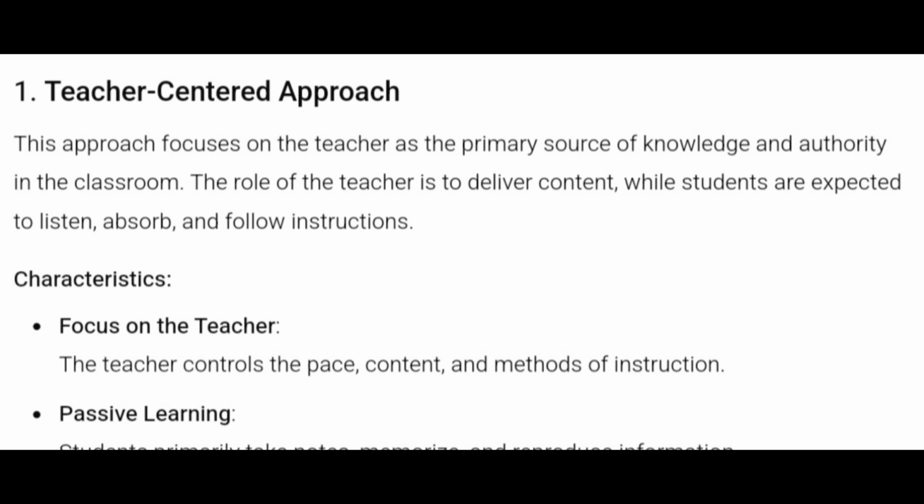Whatever he says, he is always right, he is always correct, he is the source of knowledge, he is the source of wisdom. The role of the teacher is to deliver content while students are expected to listen, absorb, and follow instructions.